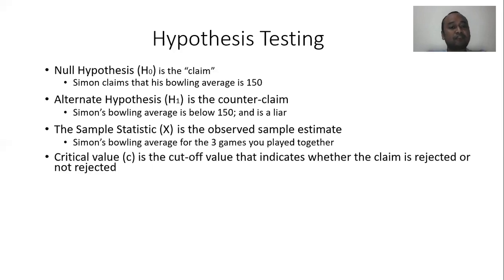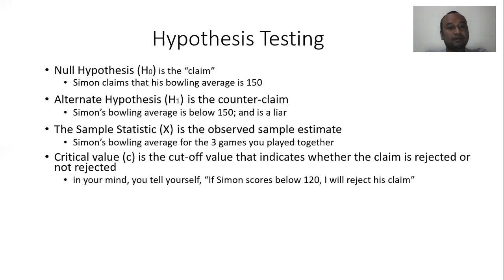The fourth step is the critical value, or C. It is the cutoff value that indicates whether the claim is rejected or not rejected. In your mind, you tell yourself, if Simon scores below 120, I will reject his claim. 120 is the critical value, the cutoff point.